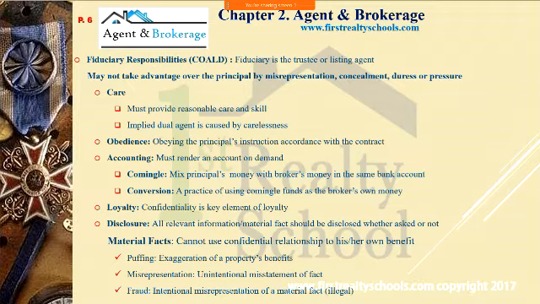However, in most states, including California, we can be dual agents. However, you have to disclose your dual agent status. We'll talk about that later.